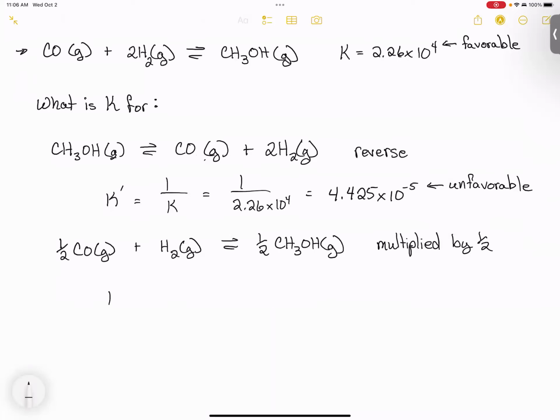So that means our K prime is going to equal the original K raised to that 1/2. Or in other words, it is 2.26 times 10 to the 4th raised to the 1/2. And so we get a value of 150.3 as our new equilibrium constant.